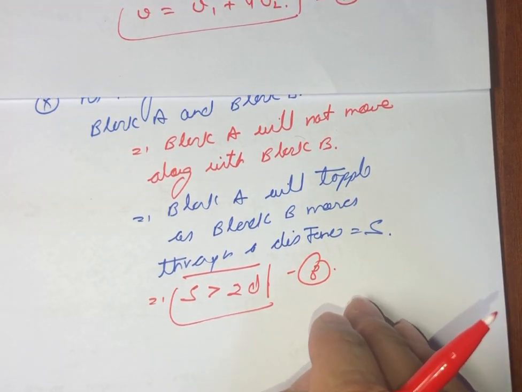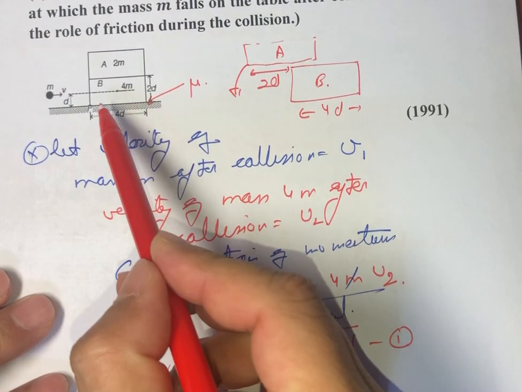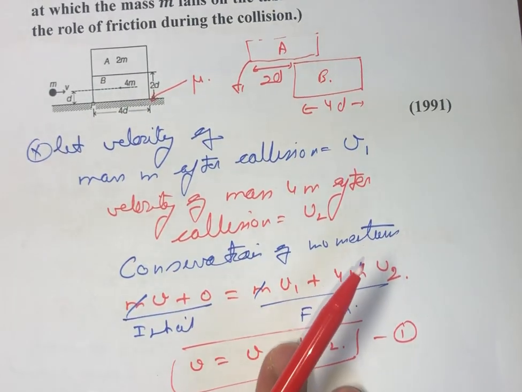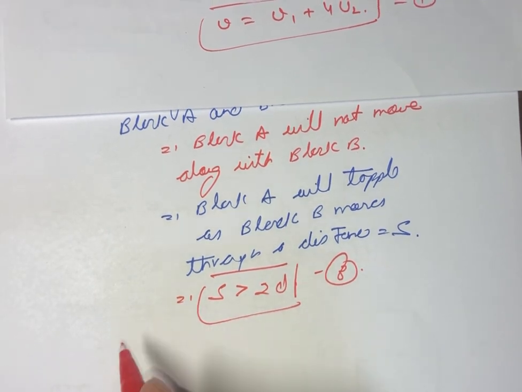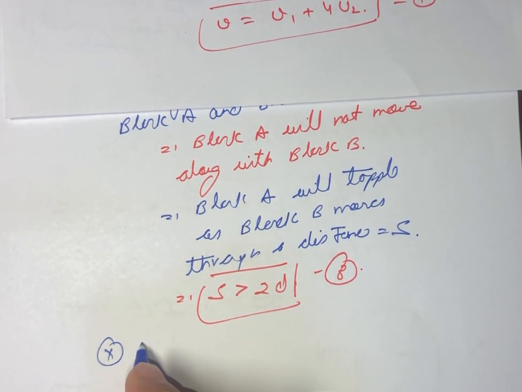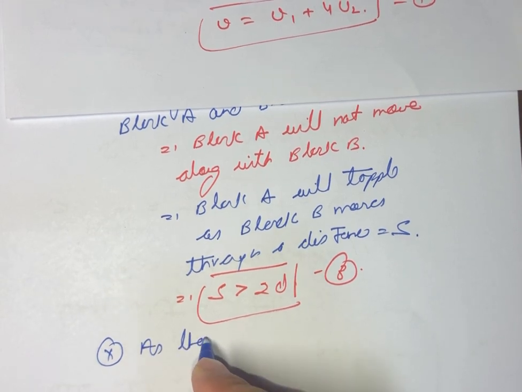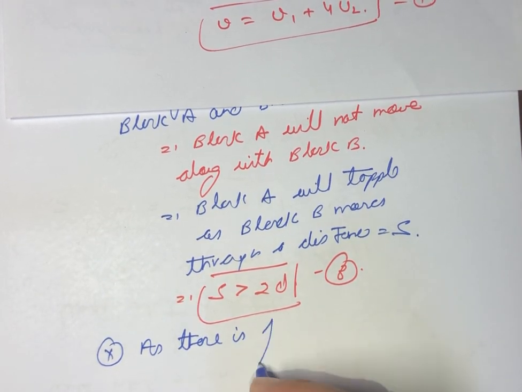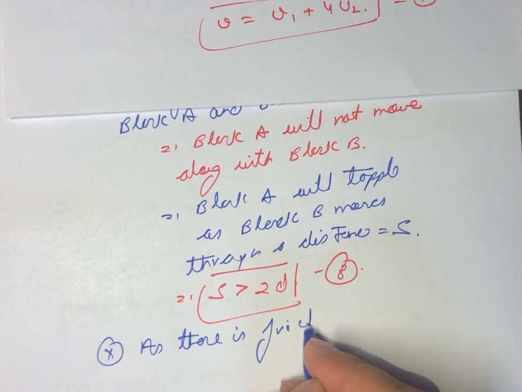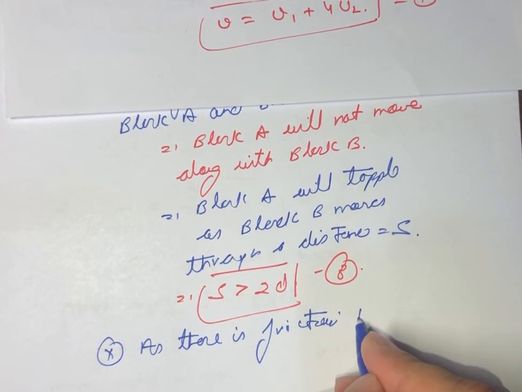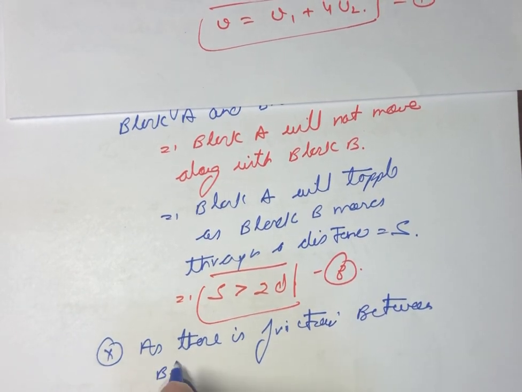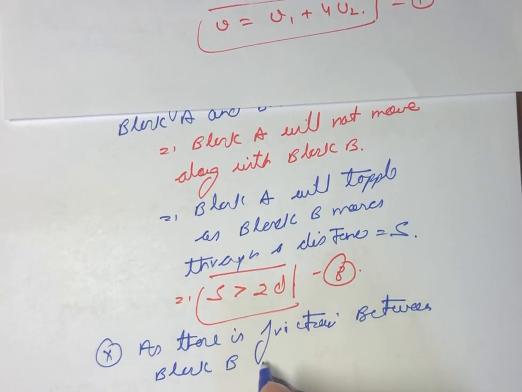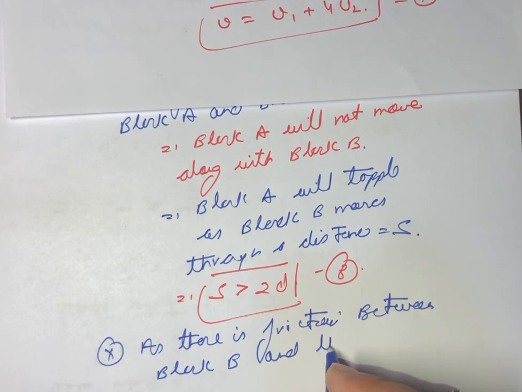Now it is also given that there is friction between B and the table.